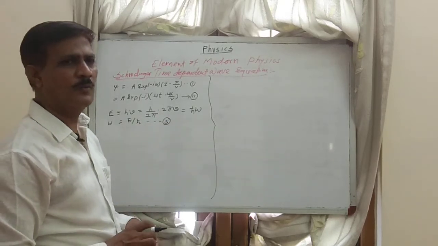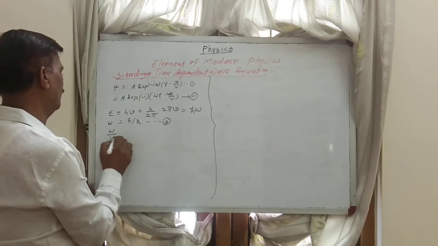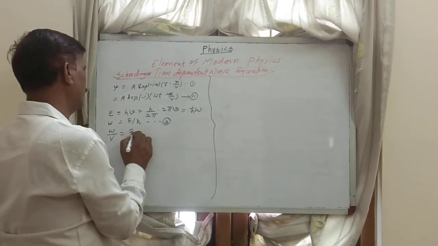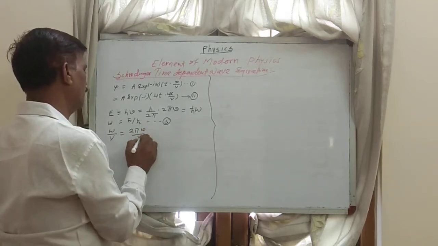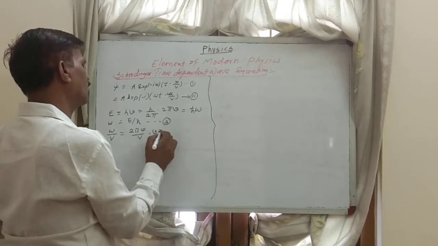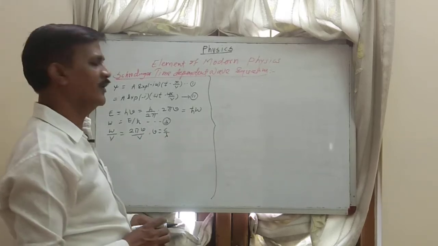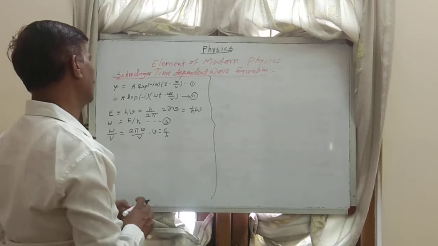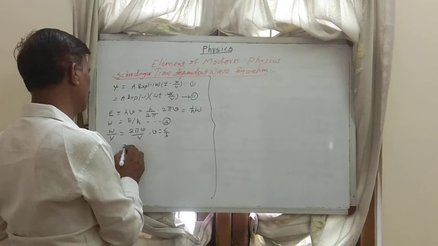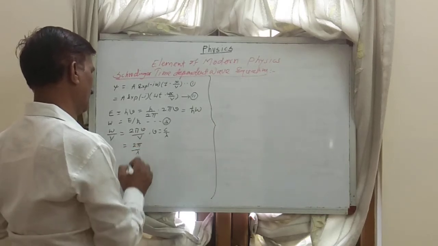Then we find omega by v. Omega is 2 pi nu, so omega by v is 2 pi nu by v. But nu is c by lambda, that is the relationship between frequency, wavelength and velocity. When we put this, we get 2 pi by lambda.